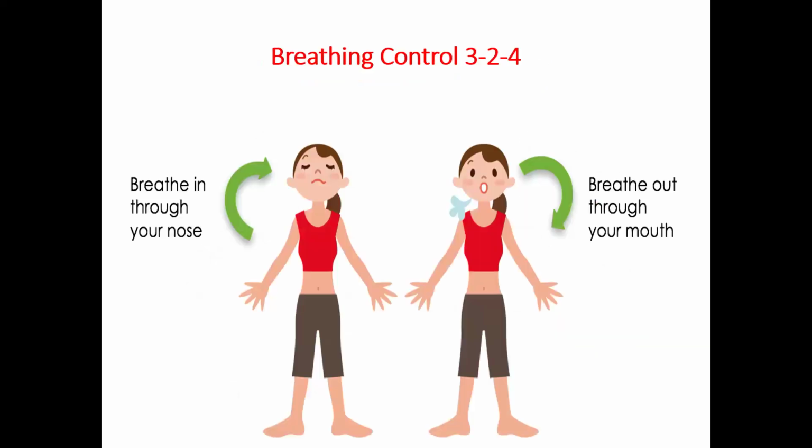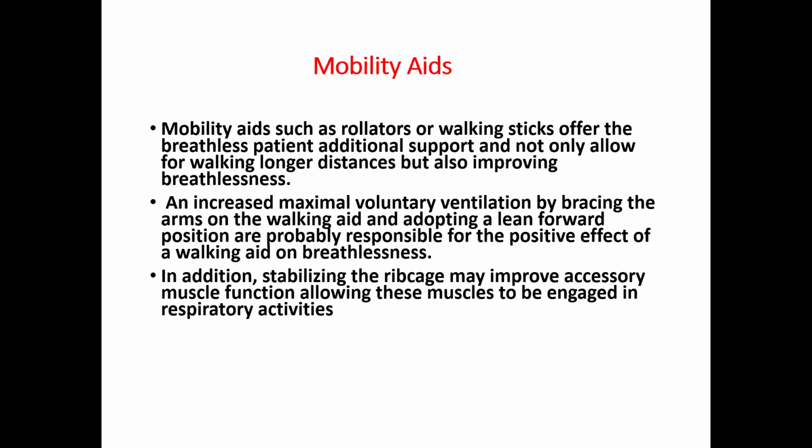Another is breathing control, what we call 3-2-4. Again, same concept: breathe in through your nose and breathe out through your mouth. Mobility aids are very useful in these patients.